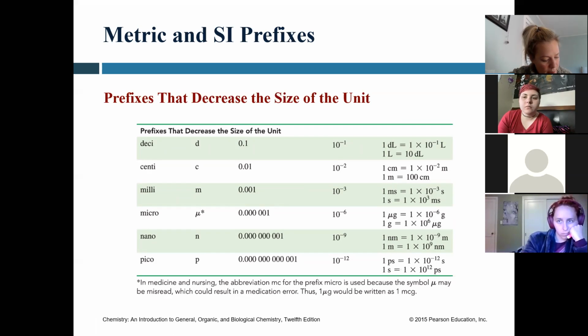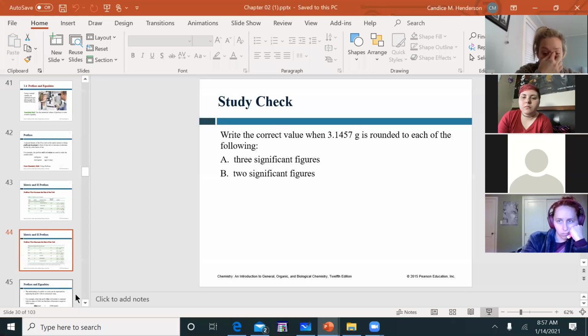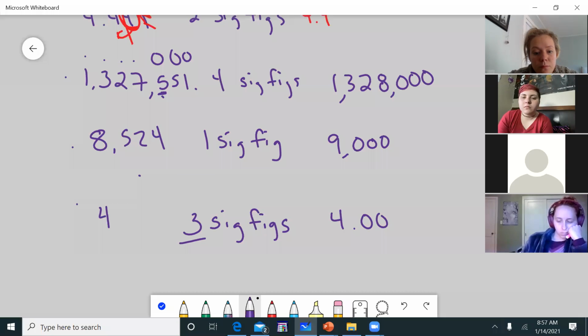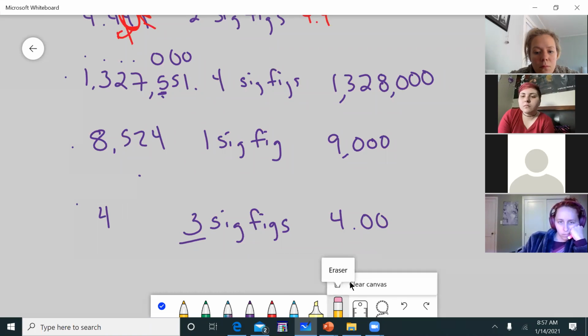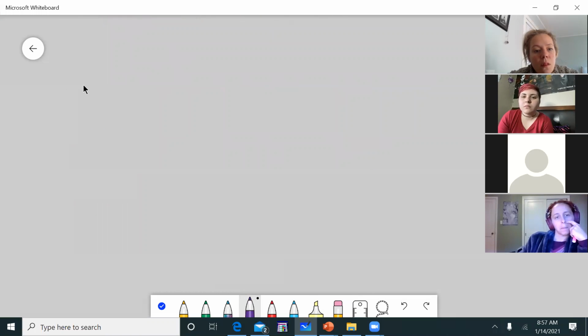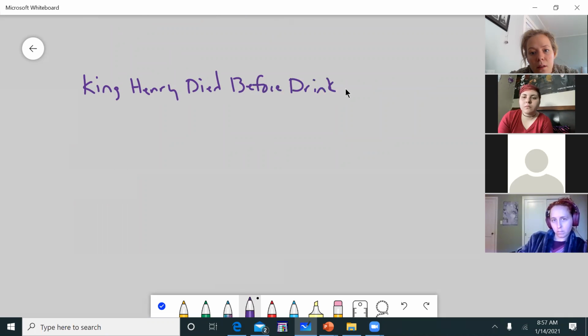The ones that sit pretty close to the base unit, I have a little trick to remember them. King Henry died before drinking chocolate milk.